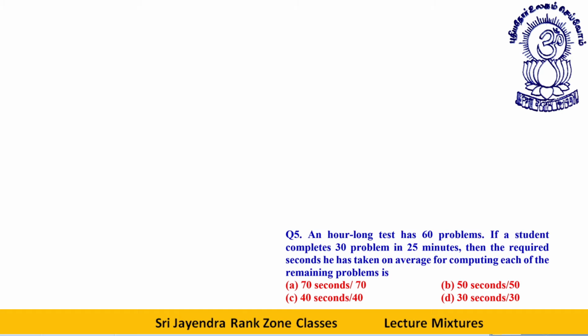An hour long test has 60 problems. If a student completes 30 problems in 25 minutes, then find the required seconds he has taken on an average for completing each of the remaining problems. See, students, first of all, let's talk about total and everything. Total is 60 problems, time is 60 minutes.